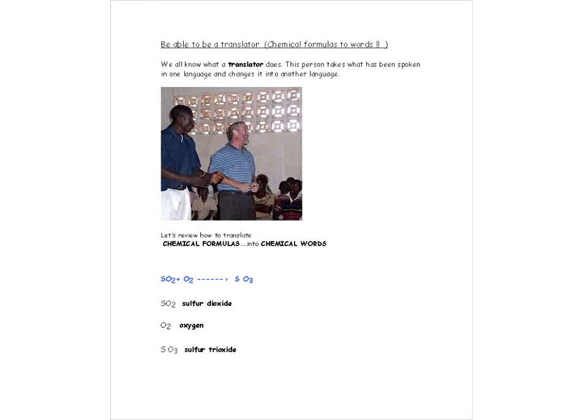Okay, right here I'm talking about being a translator and translating between chemical formulas and words. So I'm showing that this is sulfur dioxide, okay, because it has 2 oxygens, and this is just oxygen. Those are the reactants. And this is sulfur trioxide because you see there's a 3, right?